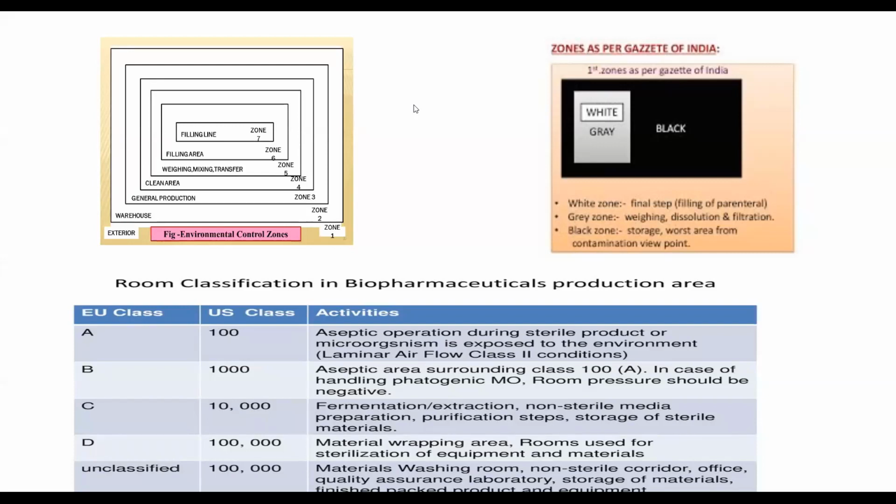They have numbered these classes based upon the number of particles of size 0.5 micrometer or greater per cubic feet of the air. If we control the number of particles of size 0.5 micrometer or greater per cubic feet of air to equal to or less than 100, then this class is called class 100, which is equivalent to class A in European classification, and equivalent to class 5 in ISO classification.